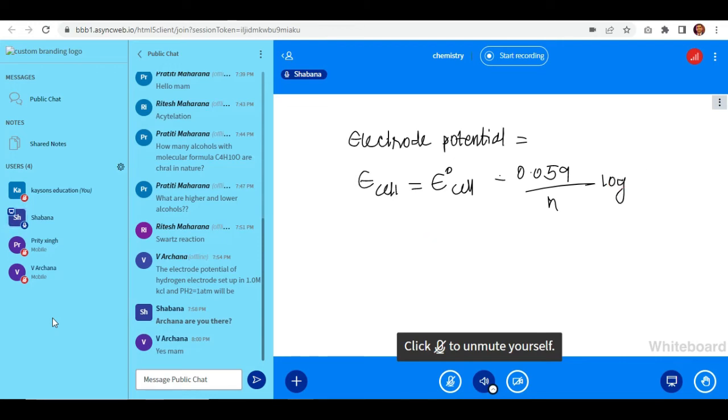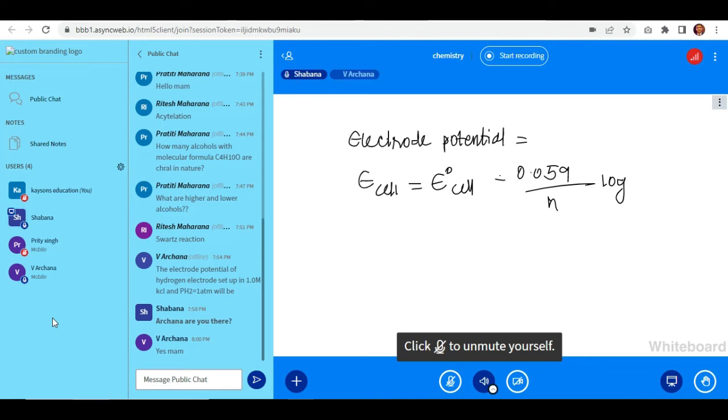So here what we are doing, hydrogen electrode set in HCl solution. Is that the complete question?